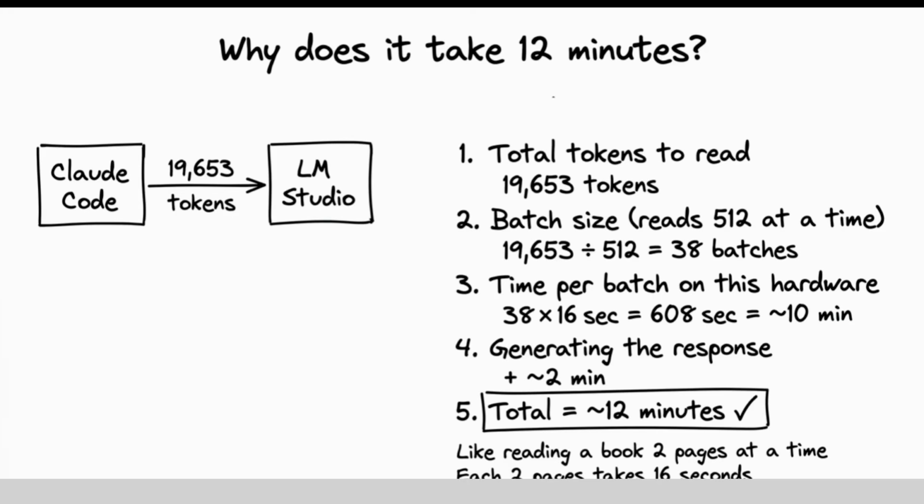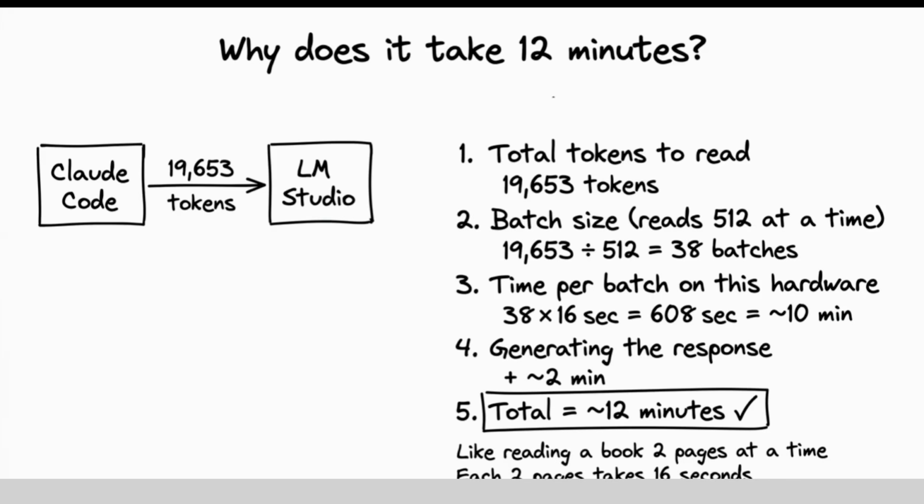So 38 batches times 16 seconds, that's 608 seconds. That is roughly 10 minutes just to read the prompt. Then generating the actual response takes another 2 minutes. That's your 12 minutes right there. Think of it like reading a book, 2 pages at a time, where 2 pages take around 16 seconds. And you have to get through all the 38 sections before you can answer a single question.